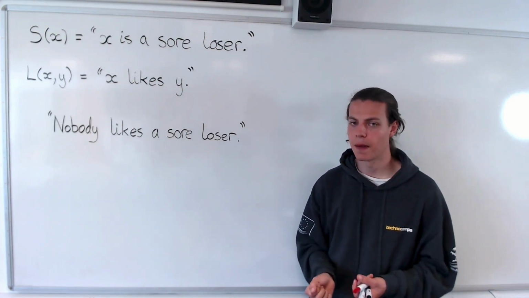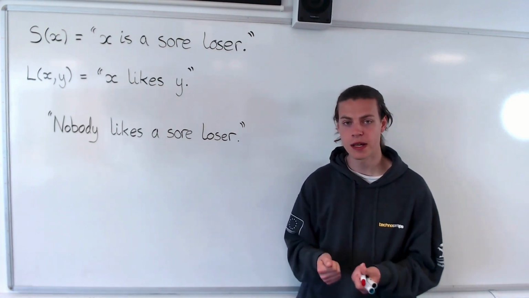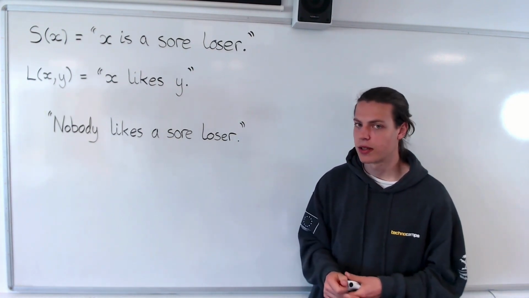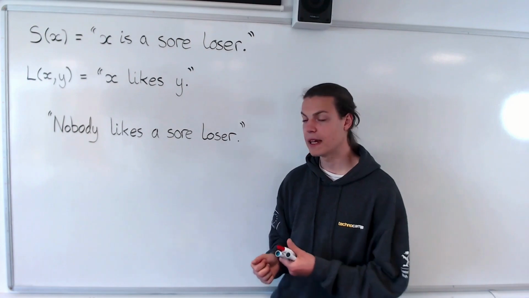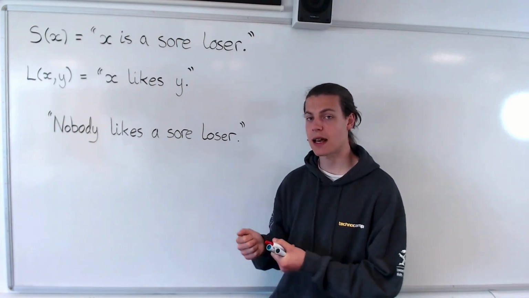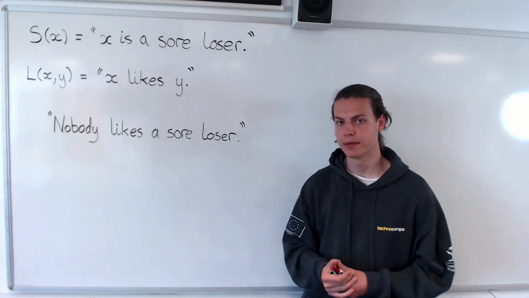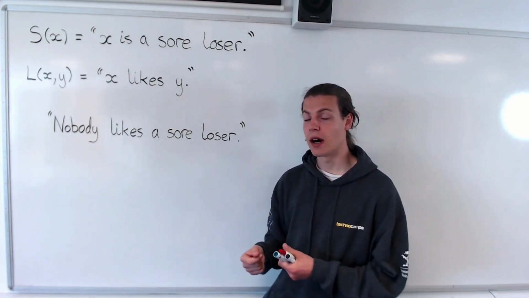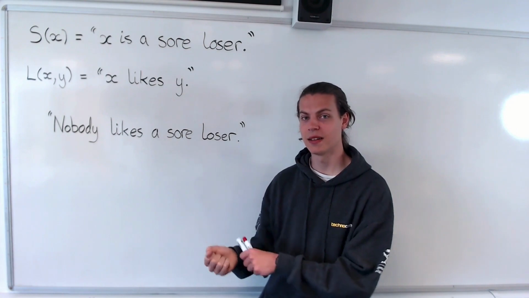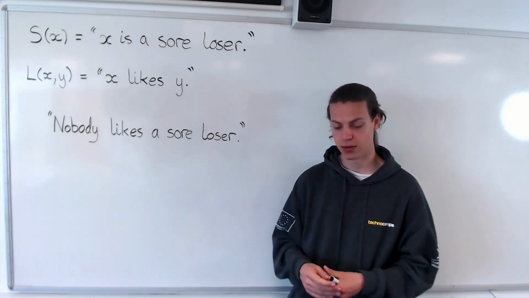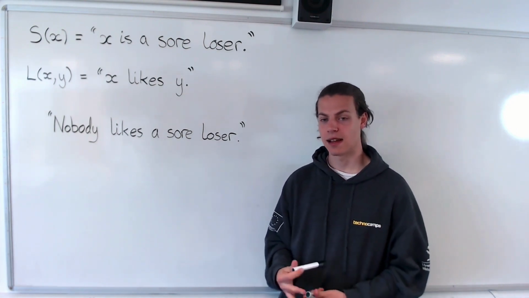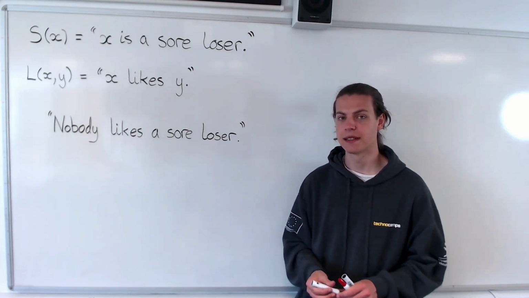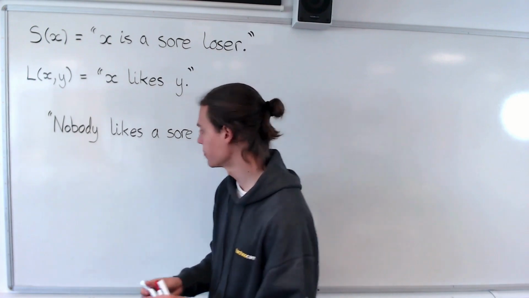We could say that there are no two people, x and y, such that y is a sore loser and x likes y. Right? It is not the case that there are two people, x and y, such that y is a sore loser and x likes y. And this is something we can express in predicate logic.